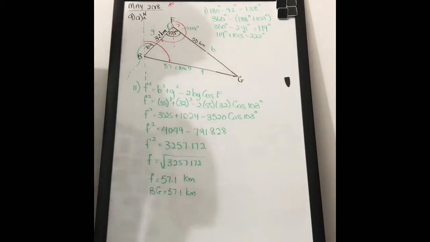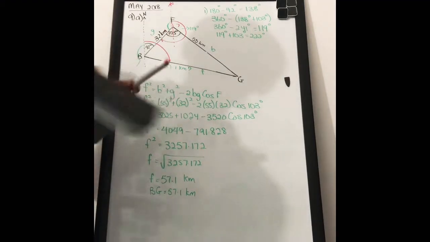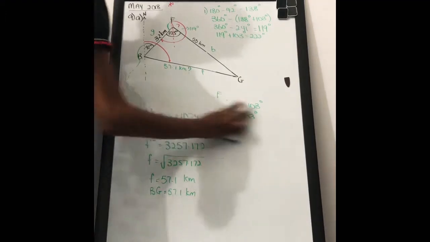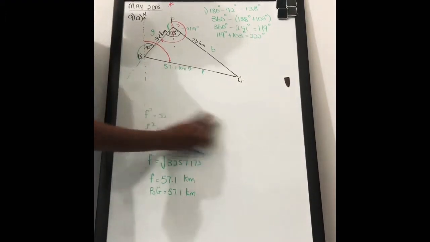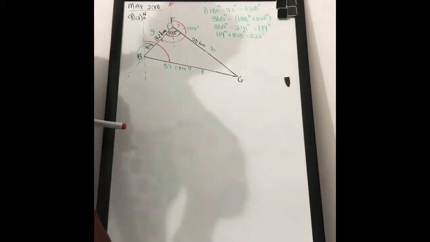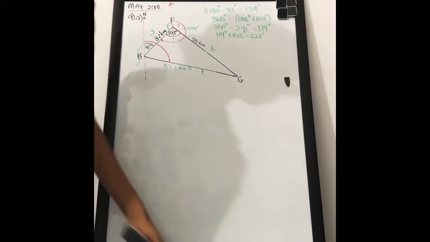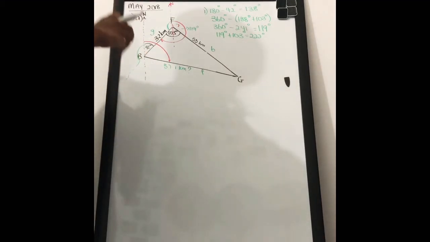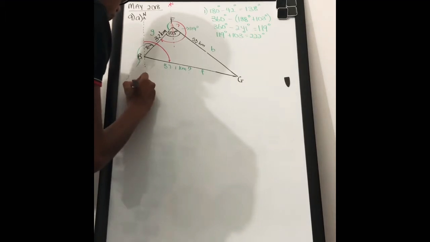I am going to erase this, so you all could just pause the video, copy this down, right? So we cool with everything there? Okay, so I'll use the sine rule to find this angle here, right? So this was part 3 we on, right?